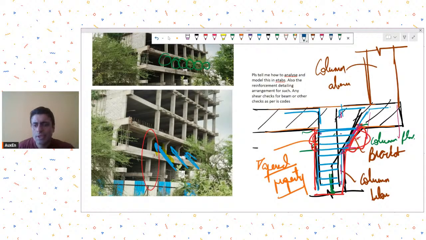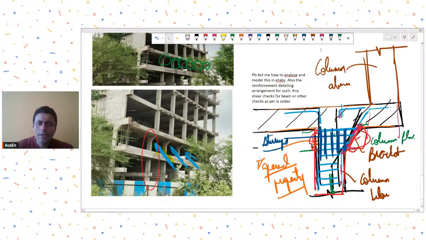In the flared portion, these stirrups will also be important, just like in a bracket, because these will take the shear forces. So you can come up with this kind of detailing, and other checks will remain the same as you have for your normal cantilevers. Okay, all right.